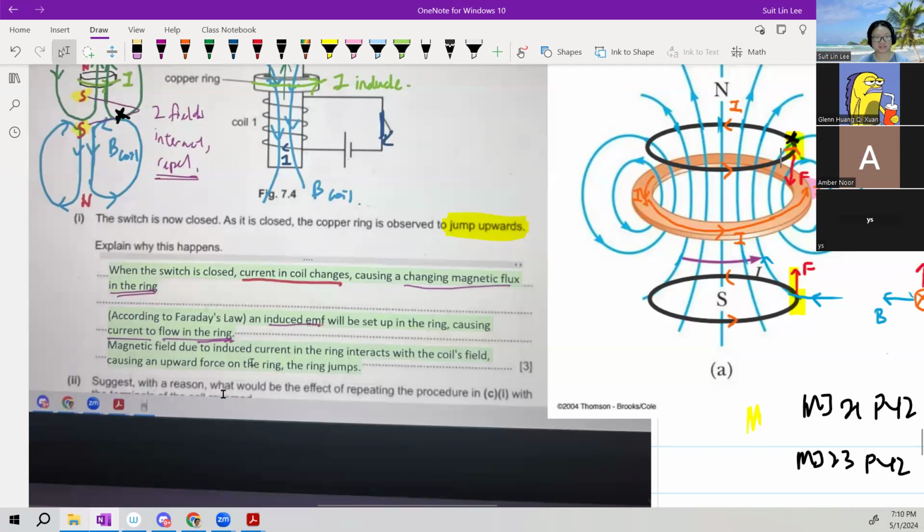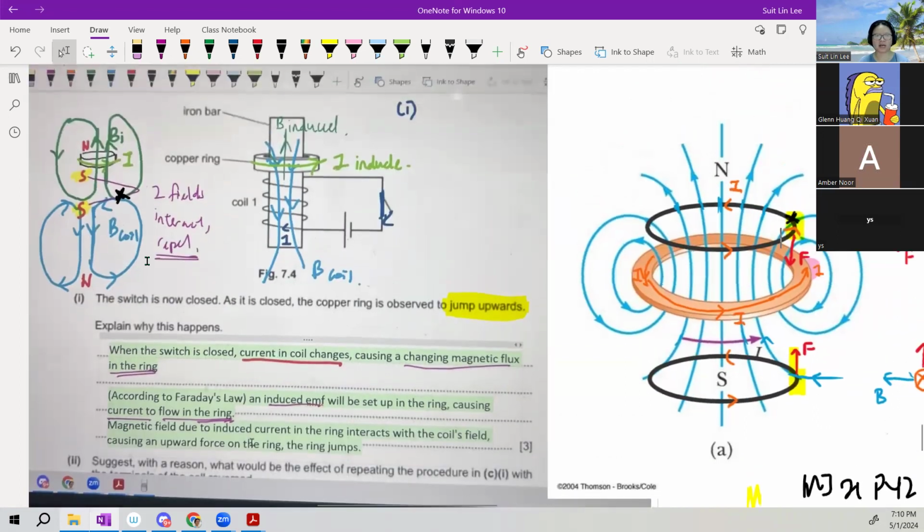So right now, the magnetic field due to the induced current in the ring interacts with the coil's field. So we have two magnetic fields interacting. Or you could say the current flowing in the ring interacts with the coil's magnetic field. Initially, you wrote that the force of the weight is acting downwards to oppose the direction of the force acting upwards.